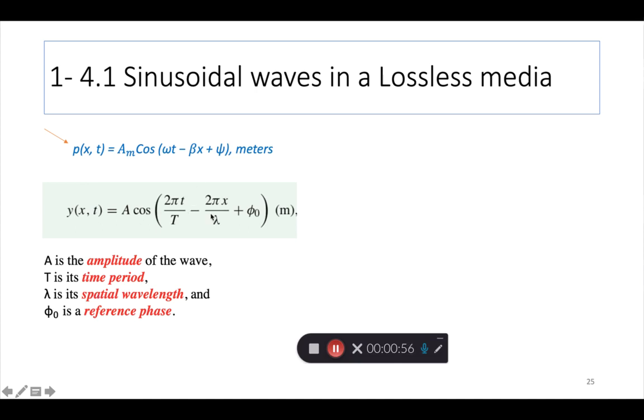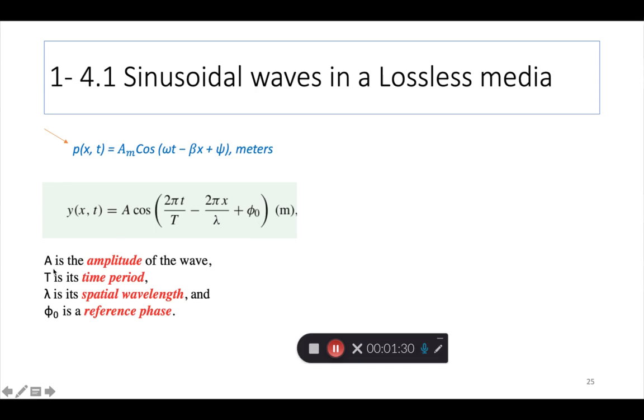And what you'll notice immediately in section 1-4.1 is that the waveform is shown in this format. So there is y instead of p, y as a function of x and t. T is time, x is wave distance. The amplitude is shown as A, and then there's a cos, and for omega our textbook shows 2 pi by T. For beta it shows 2 pi by lambda, and then the phase angle phi 0.